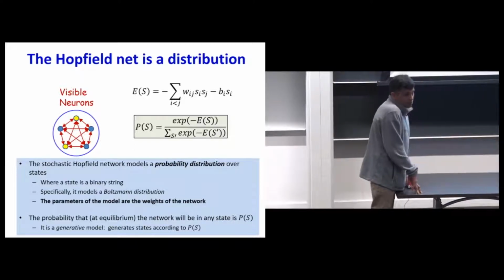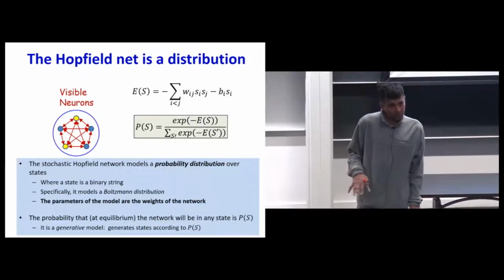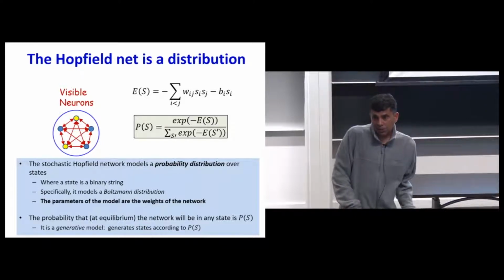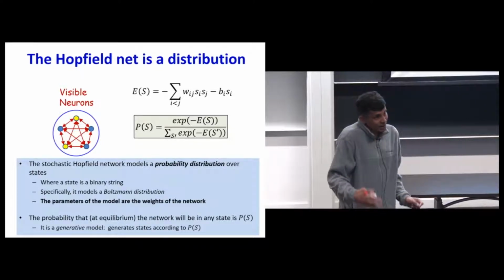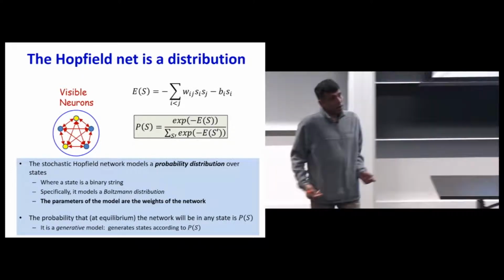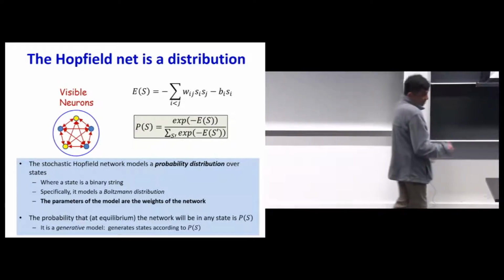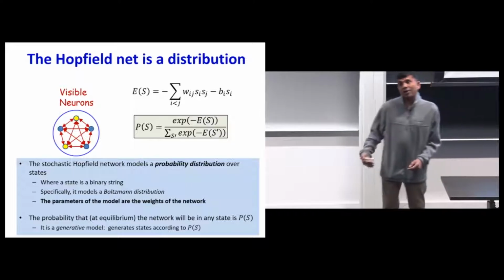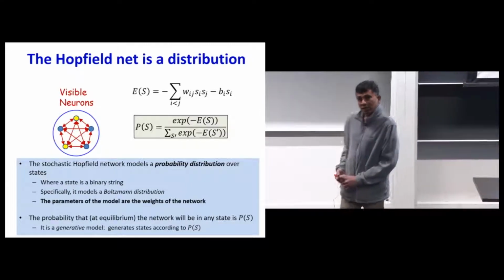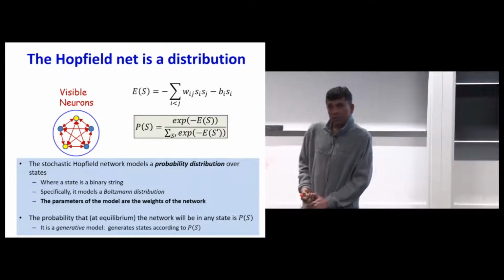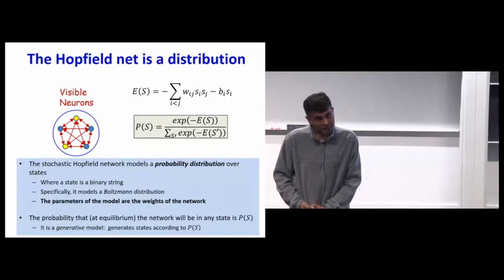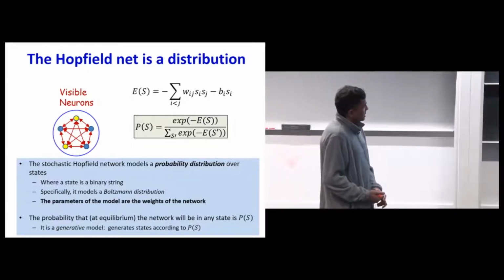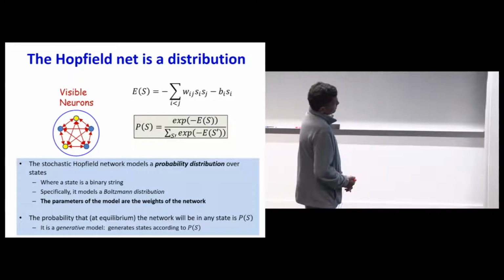This probability distribution is what we call the Boltzmann distribution, and it is called that because we arrived at it based on the equivalence to thermodynamic systems, where the Boltzmann distribution defines the steady state probability distribution over the states of the thermodynamic system at equilibrium.